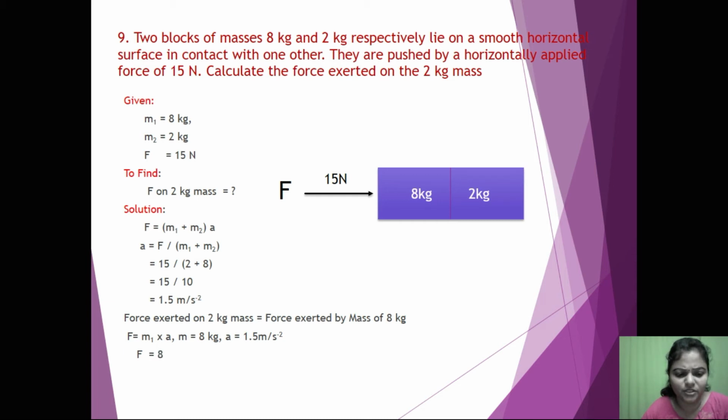So F is equal to 8 into 1.5 meter per second square which is equal to 12 Newton. So the answer is the force exerted on the 2 kg mass is 12 Newton.